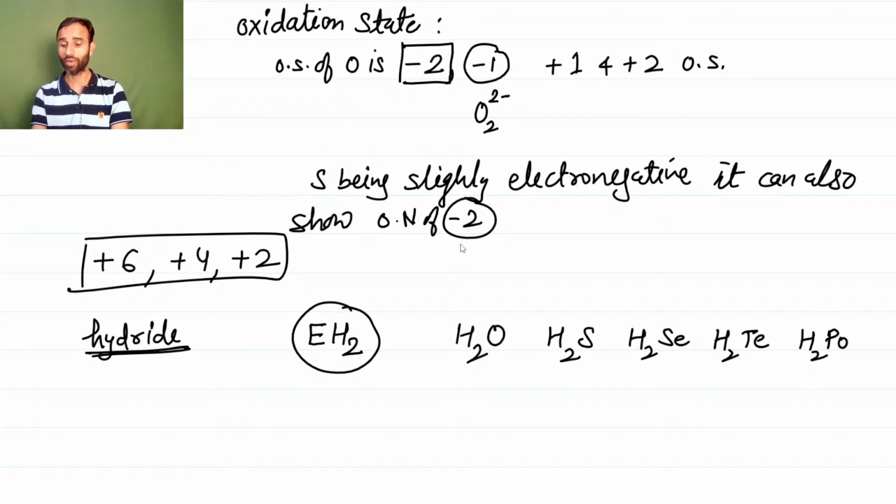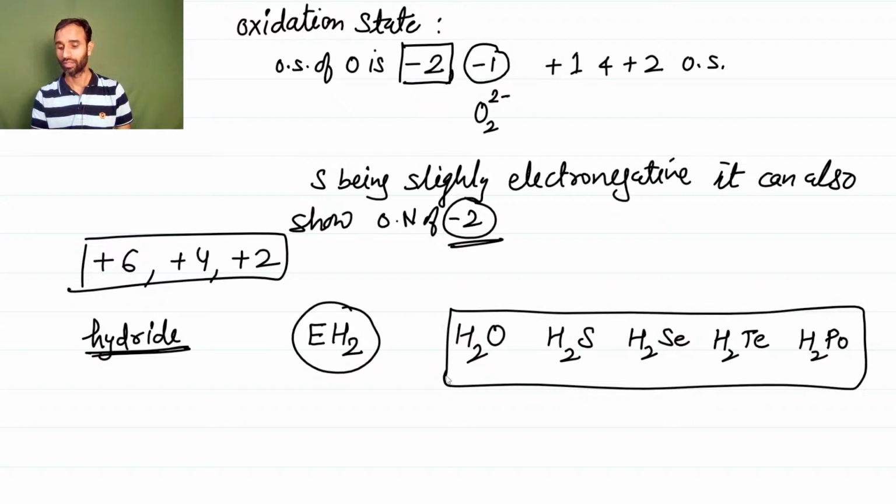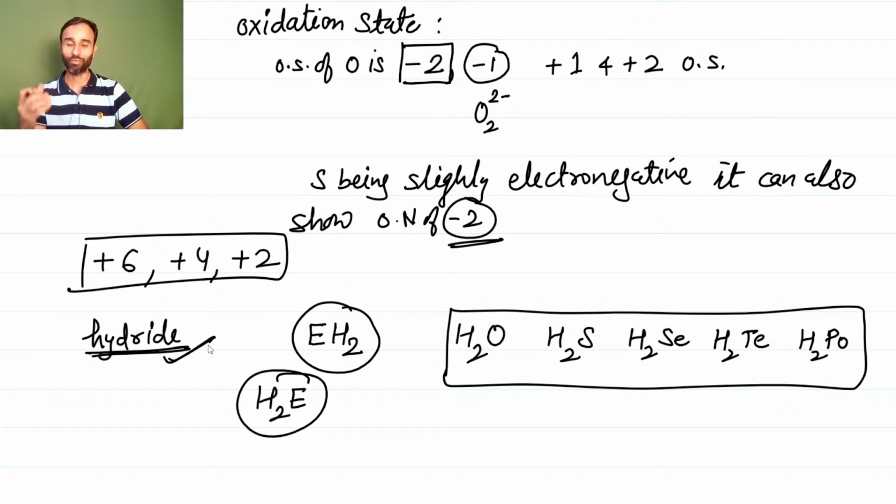Means all of them can show -2 oxidation state, but it is less probable as we go down the group. So with hydrogen they form H2E type hydride. All of them have the same formula of hydrides, so as per hydride they should occupy the same group. So in this way we justify that they can be placed in the same group.